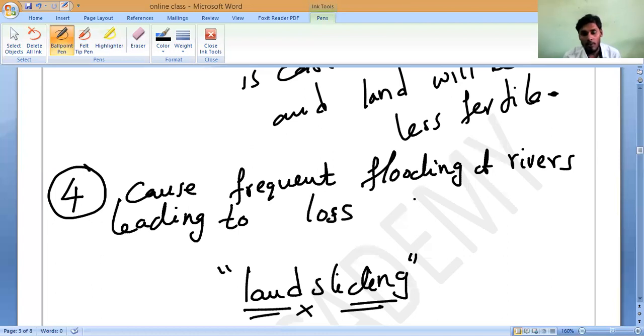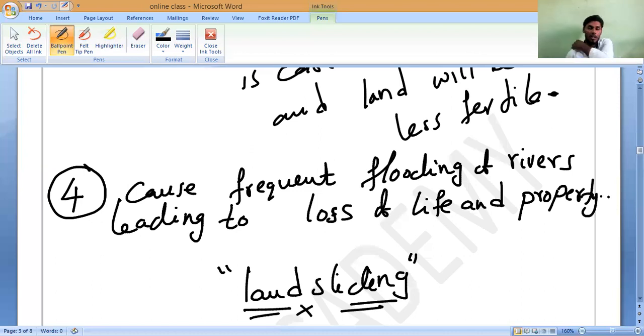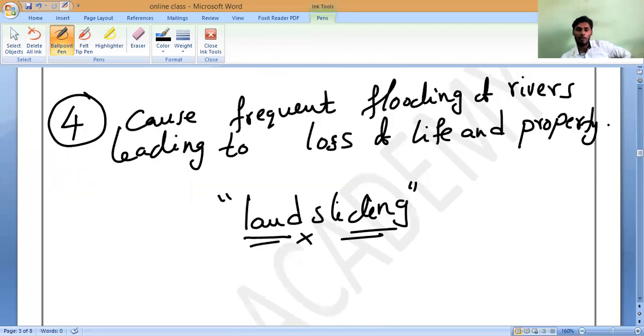Even in Kerala last year, around 600 people died because of flooding. So property loss and life loss also. Loss of life and loss of properties. All of you should note it down. So this is the fourth consequence of deforestation: deforestation causes frequent flooding of rivers leading to loss of life and property.